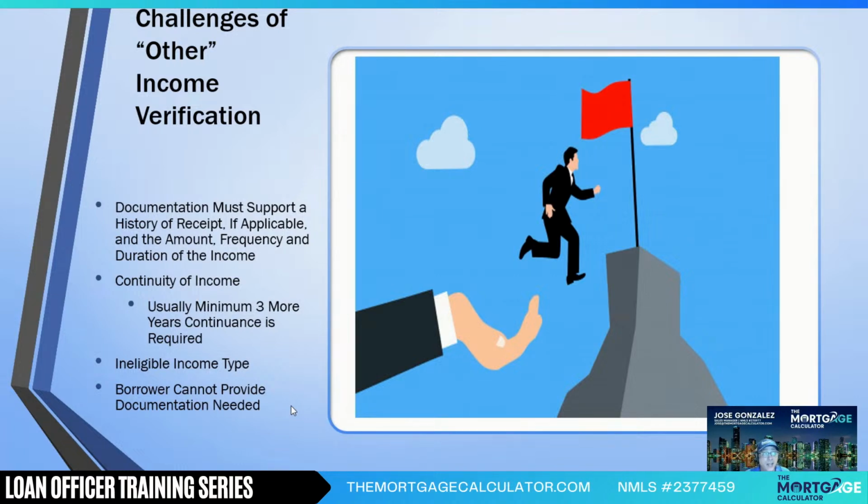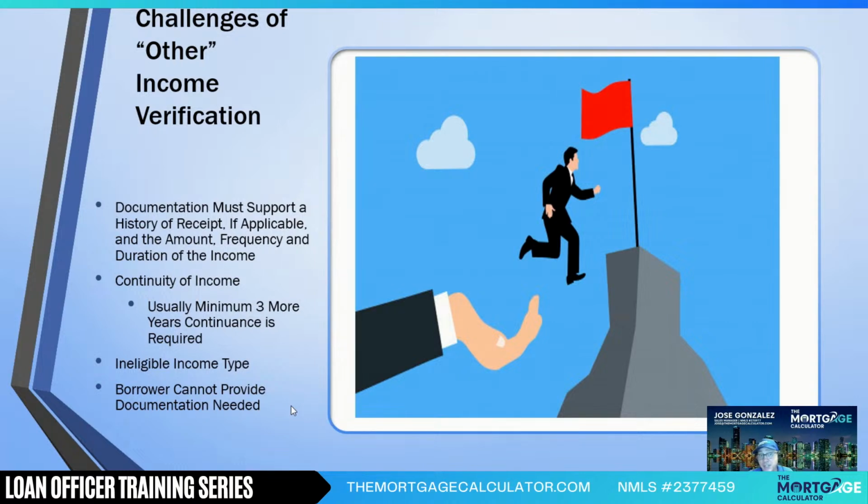Now, think about all of that. The borrower needs to be able to document that they receive the income. They need to document the amount of the income that they're receiving, either yearly or monthly. They need to document the frequency of receiving it.